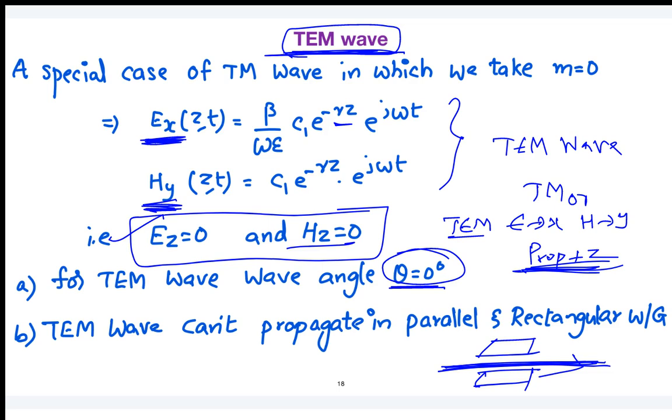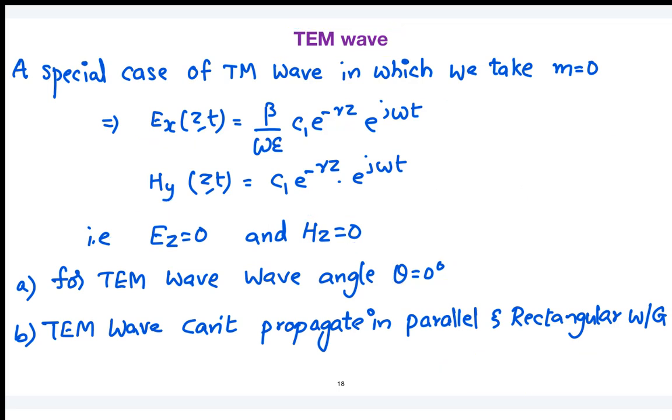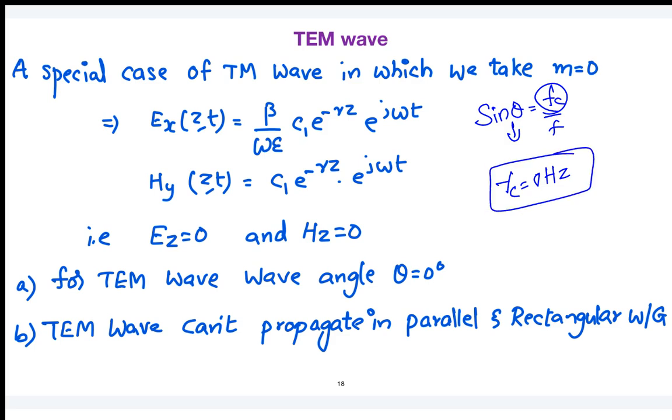So when the wave angle is 0 degrees, typically you cannot design any waveguide. What is the reason? Because you have defined the wave angle as fc by f technically. Since your wave angle is 0, you require the cutoff frequency to be 0 Hz. So for the TEM wave, the wave angle is 0 degrees, which means you require a waveguide with a cutoff frequency of 0 Hz. If you want a cutoff frequency of 0 Hz, what should be the value of a?